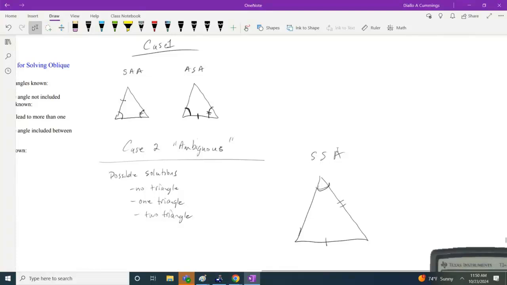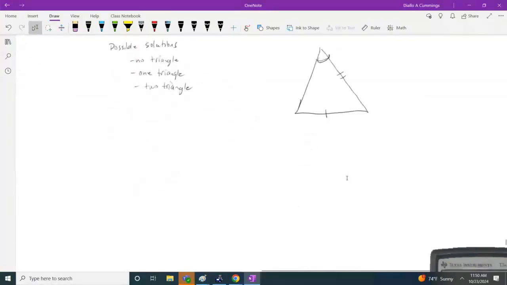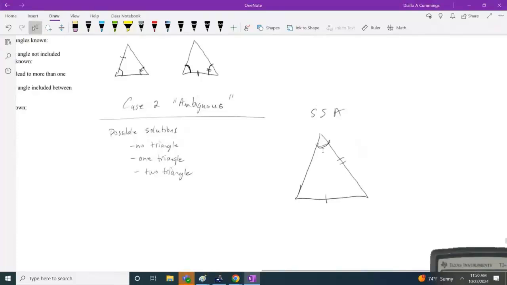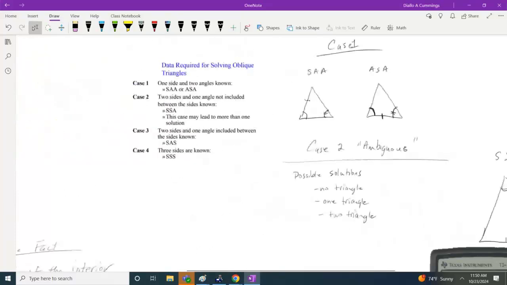If you flip this SSA around, you get the dirty word. So whenever you have a side side angle set of measurements, and we're going to work a problem out next class, it's possible to have a no triangle solution, a one triangle solution, or a two triangle solution. This is the only case that you have to be careful of. All right, and that was case number 2.